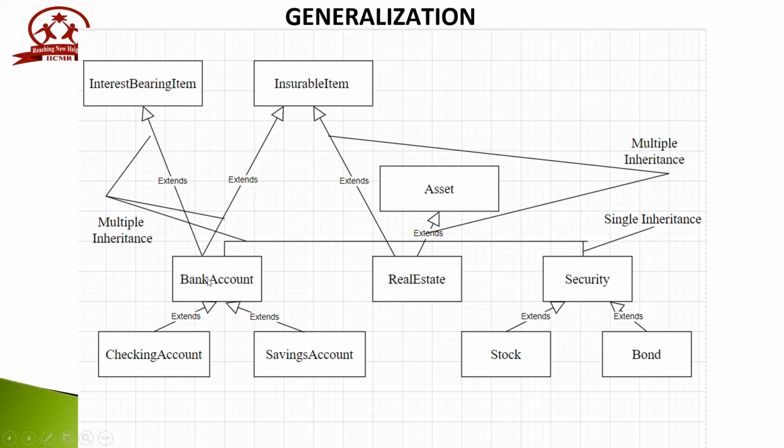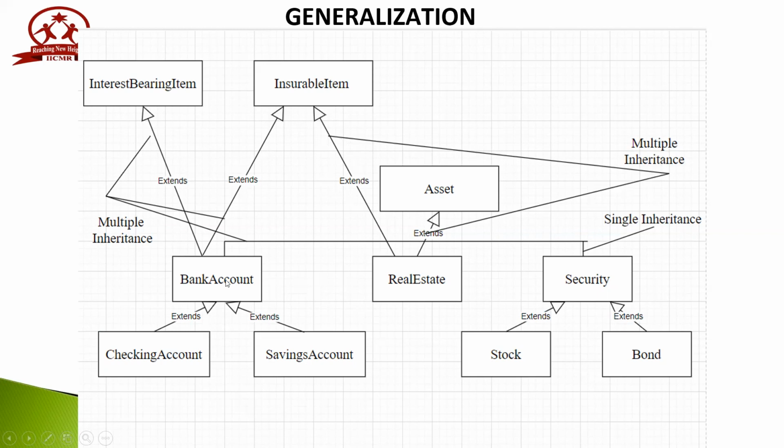But if we consider the bank account and the real estate, real estate doesn't have any more children, but real estate has the properties of asset as well as insurable item. So this is an example of multiple inheritance. Another example given here is bank account. Bank account has two children, checking account and saving account.